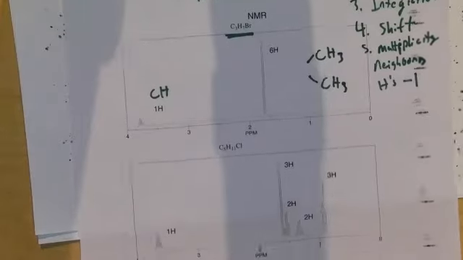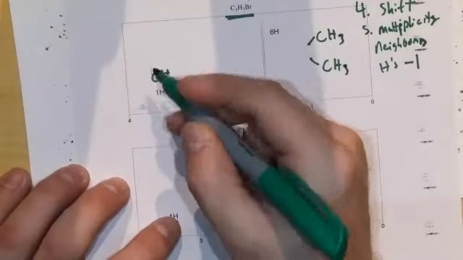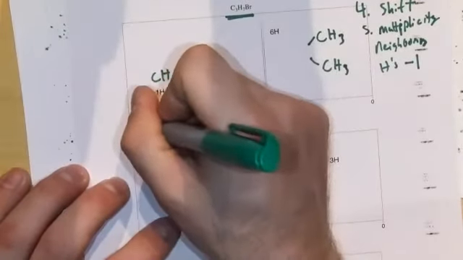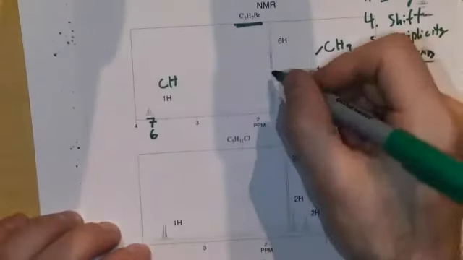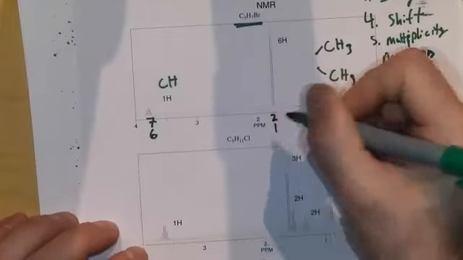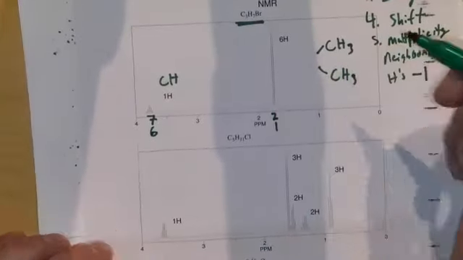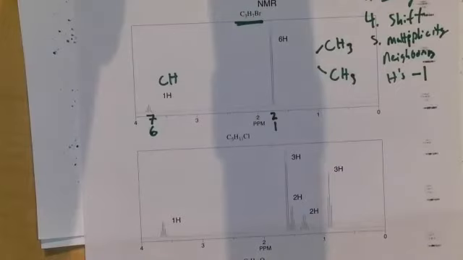Multiplicity is something that's really easy to look at. So we have 1, 2, 3, 4, 5, 6, 7 peaks here, which means that this CH should have 6 neighboring H's. We have 2 peaks here, which means that these CH3s should each have 1 neighbor.